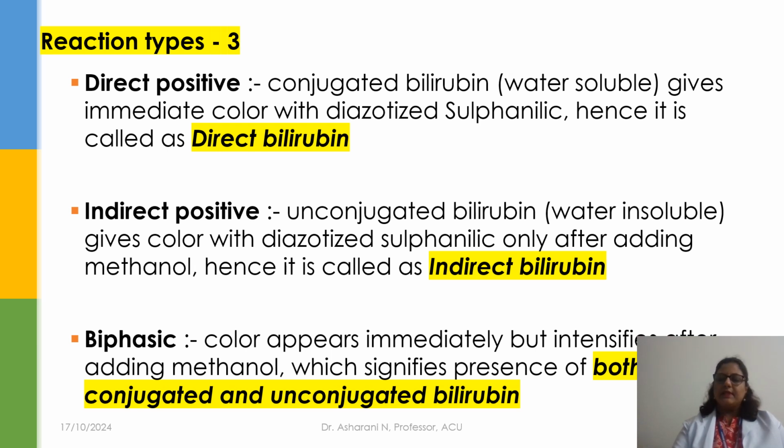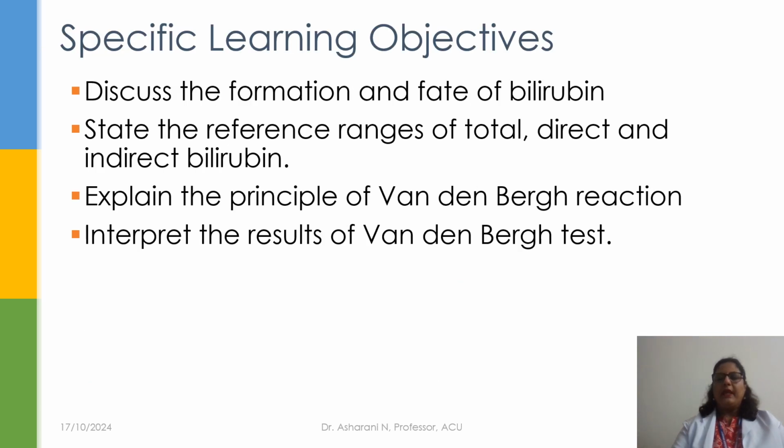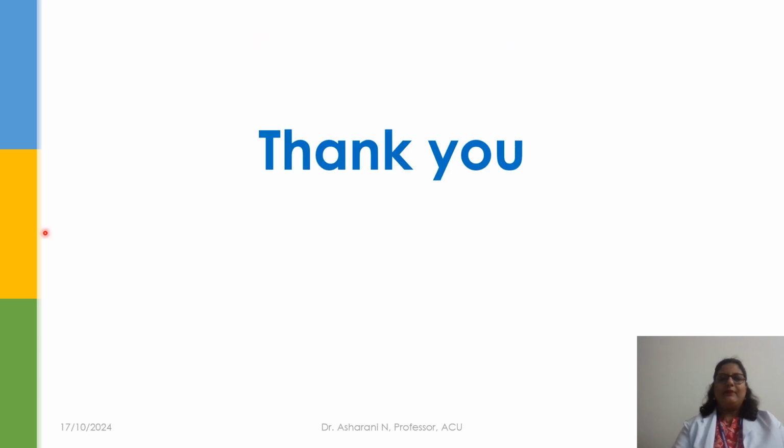If it is a biphasic reaction, it signifies that both conjugated and unconjugated are elevated, which is commonly seen in hepatic type of jaundice. So with this, we have discussed the formation and fate of bilirubin, the reference ranges, the principle and interpretation of van den Bergh's test. Thank you.